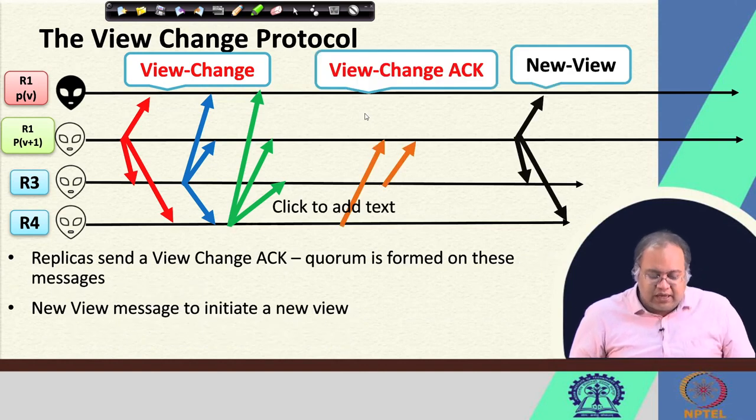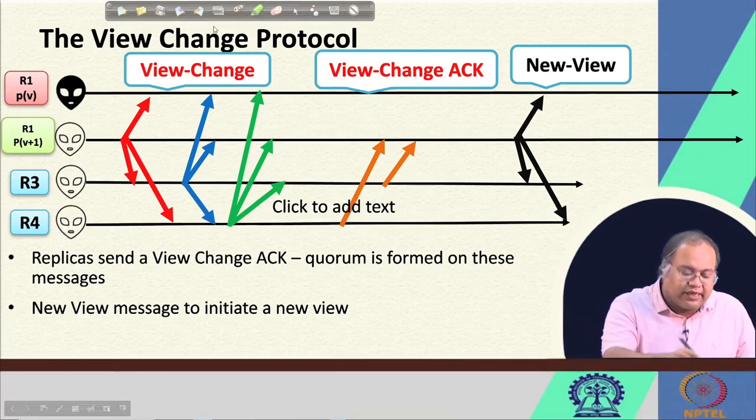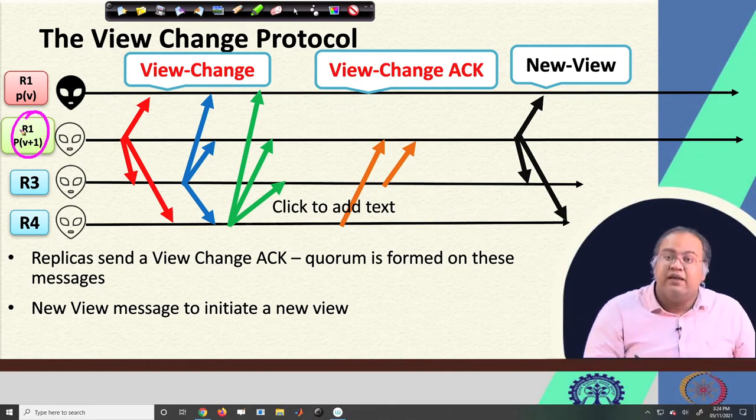Once the nodes have received the view change messages and selected a primary, they send a view change acknowledgement message to the newly elected primary. Here, say R1 is the newly elected primary. These view change messages are sent and a quorum is formed on them, and the new primary finally sends a new view message.